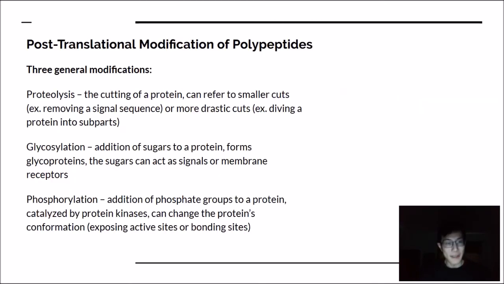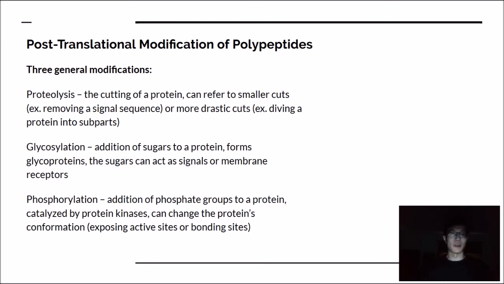Perhaps what's even more fascinating is you can actually allow for regulation even after translation. So you have translation, you make your protein or your polypeptide sequence, and you can make even more modifications. Three general ones include proteolysis, which is just cutting of the protein, for instance, removing a signal sequence. You have glycosylation reactions, which are basically adding sugars to proteins to make a glycoprotein type.